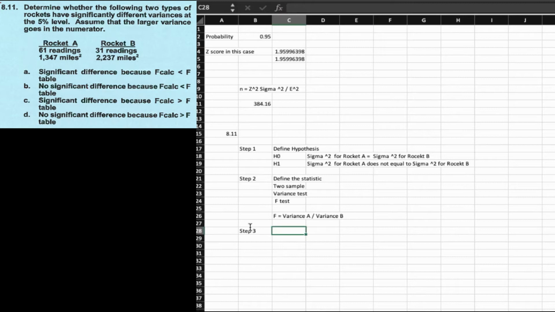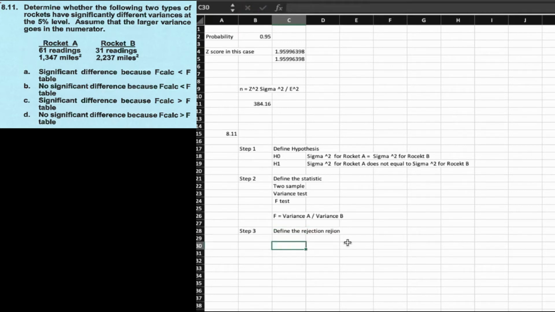So that's how you do that, and how you find that formula. And now we have to define the rejection region, right?